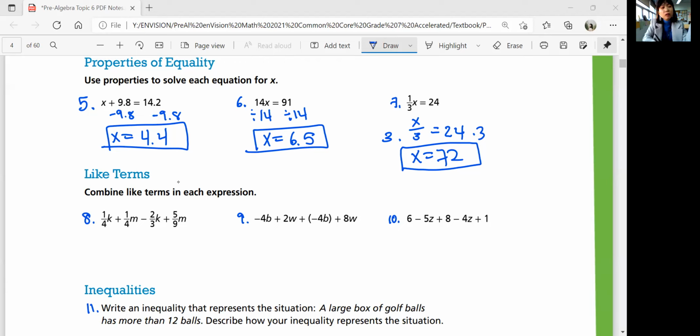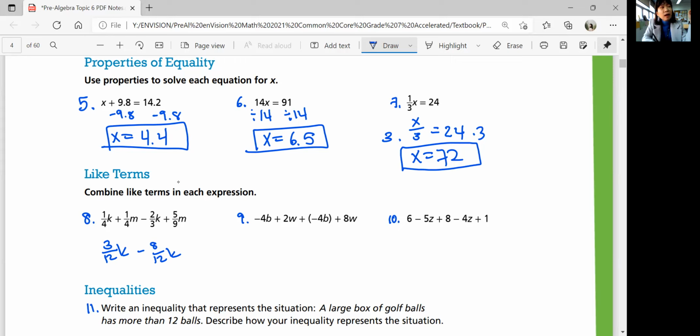Okay, so number 8. You add the like terms for K. So 1/4 minus 2/3, you have to first find a common denominator, which is 12. 1/4 K is equal to 3 over 12 K, and 2/3 K is equal to 8 over 12 K. Then you have 1/4 M plus 5 over 9 M, so you also need to find a common denominator. 9 times 4 is 36.